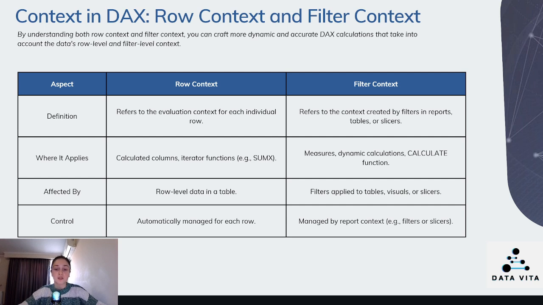As we continue this course, we will dive deep into how both contexts interact and how to use them to create more advanced calculations. This topic is very important and we will come back to it several times throughout the course, as it lays the foundation for mastering DAX and achieving powerful insights in Power BI.